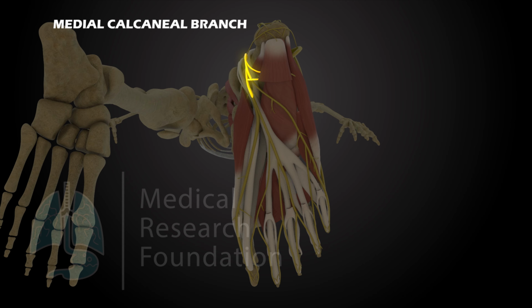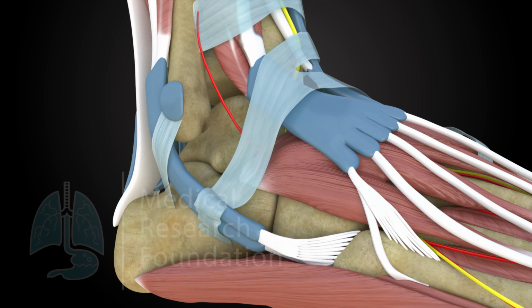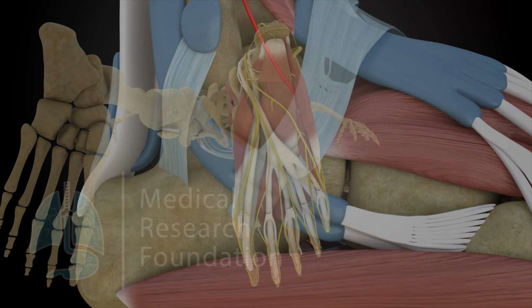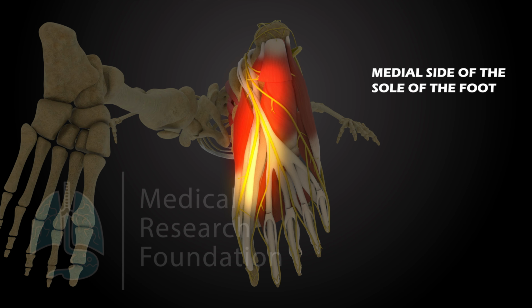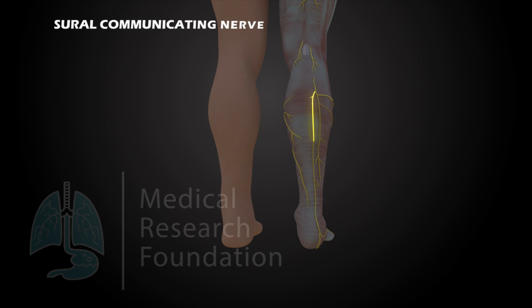Medial calcaneal branch. Medial calcaneal branch of the tibial nerve perforates the flexor retinaculum and supplies the skin of the heel and the adjoining medial side of the sole of the foot. Sural communicating nerve.